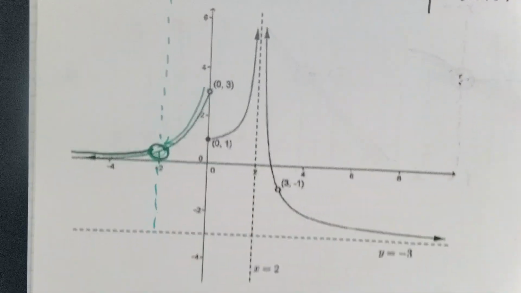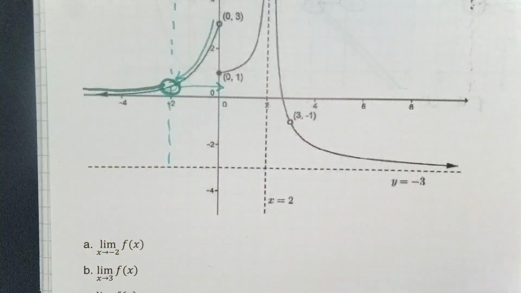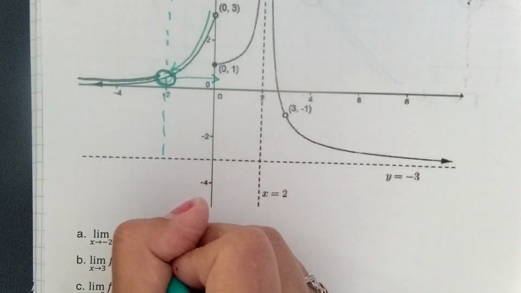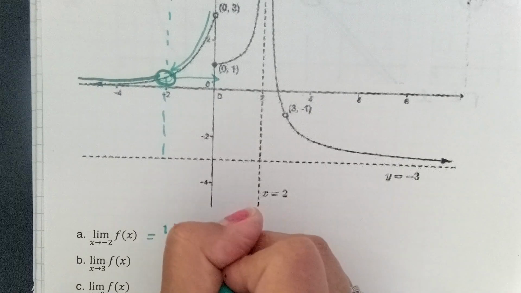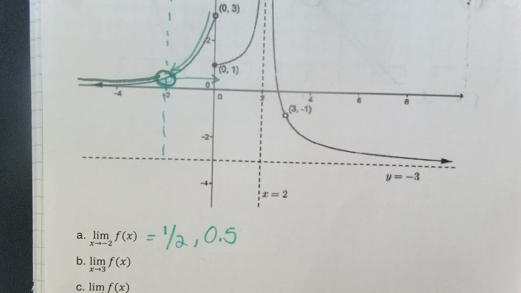So that means I'm going to estimate this to be about 0.5. So that means it's going to be a half, or if you want to write 0.5. Are there any questions? Sure? Good? Okay.